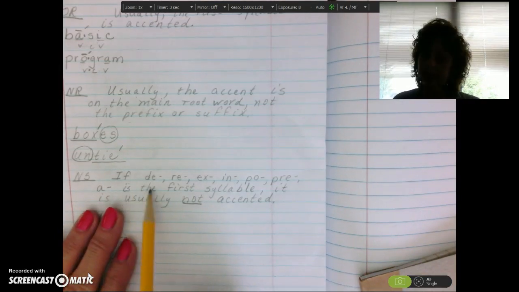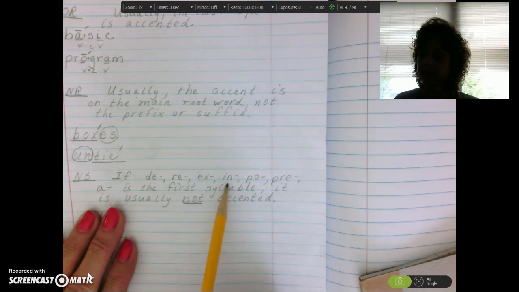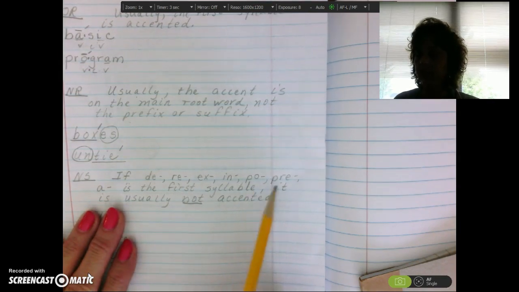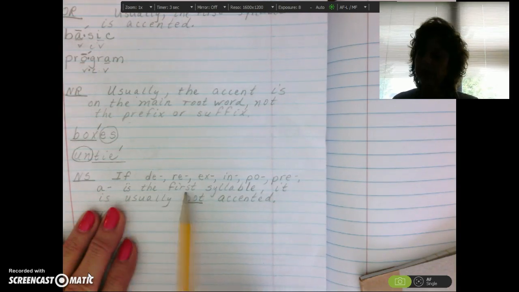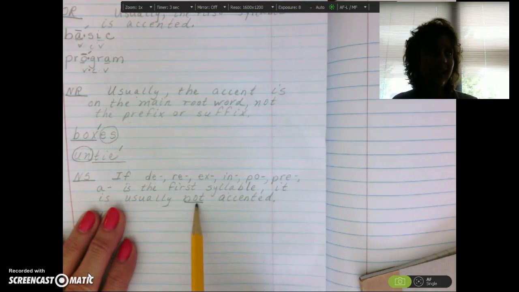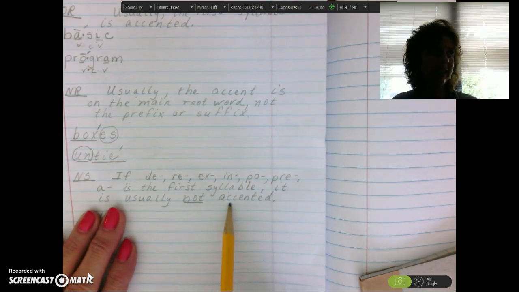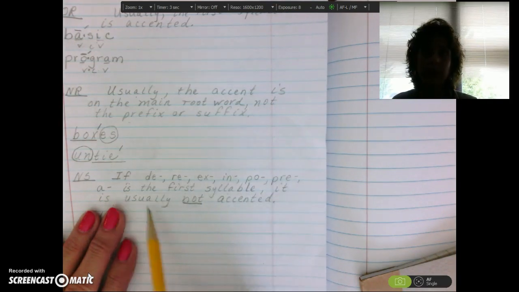All right, new skill. If DE, RE, EX, IN, PO, PRE, or A is the first syllable, it is usually not accented. Okay? And this is just going to take getting used to word parts.